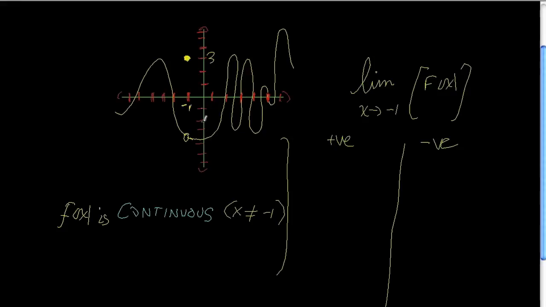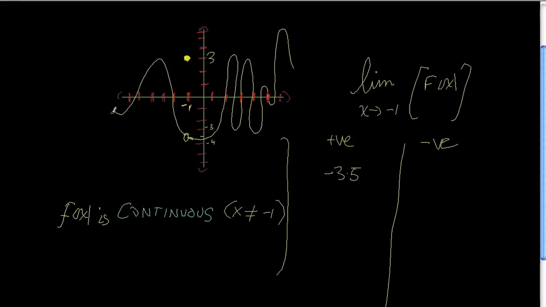It's between -3 and -4, where -1 is exactly at this position. It's somewhere here, or you can say negative 3.5. So from the right hand side, the function is approaching -3.5.